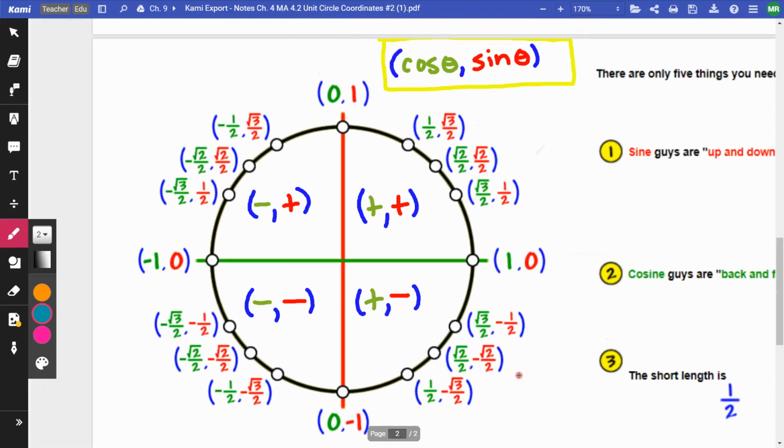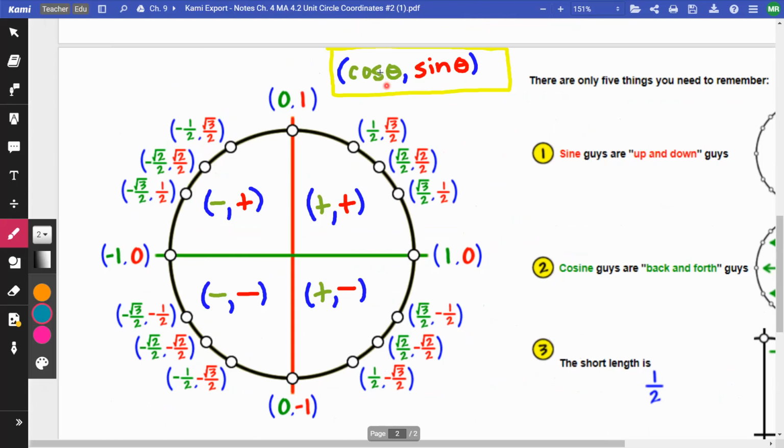Now, what you'll notice is I have here cosine of theta, comma, sine of theta. The green are your cosine. The red are your sine values for each of these angles.